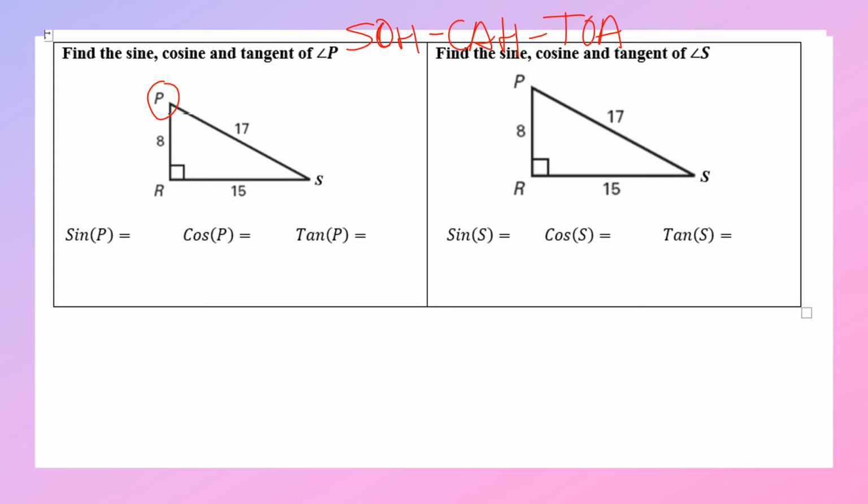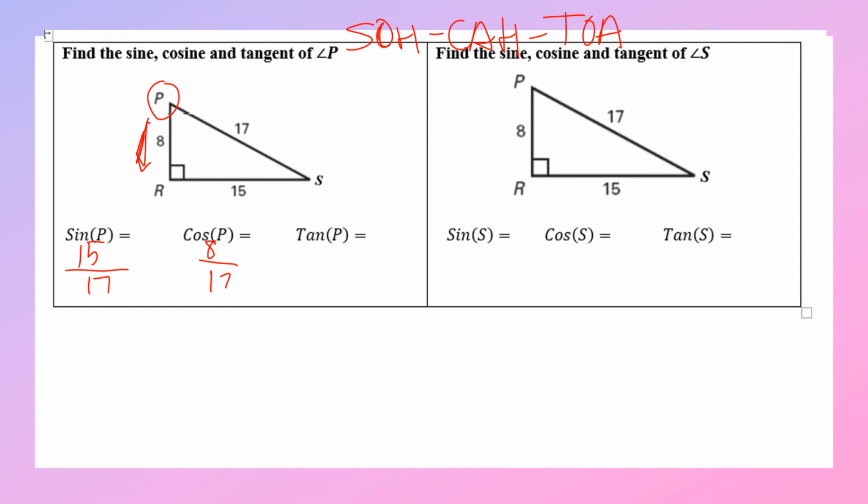So sine of P, we are going to do opposite, which is 15, over hypotenuse, which is 17. You cannot reduce that, so we're just going to leave it like that. Cosine of P. Cosine is adjacent over hypotenuse. So the adjacent one is right next to it, and the hypotenuse is always going to be your longest side.